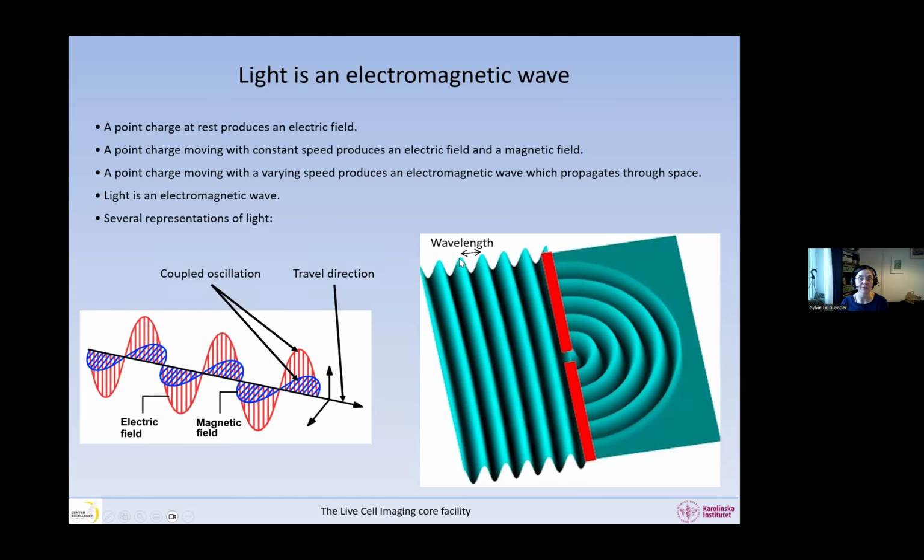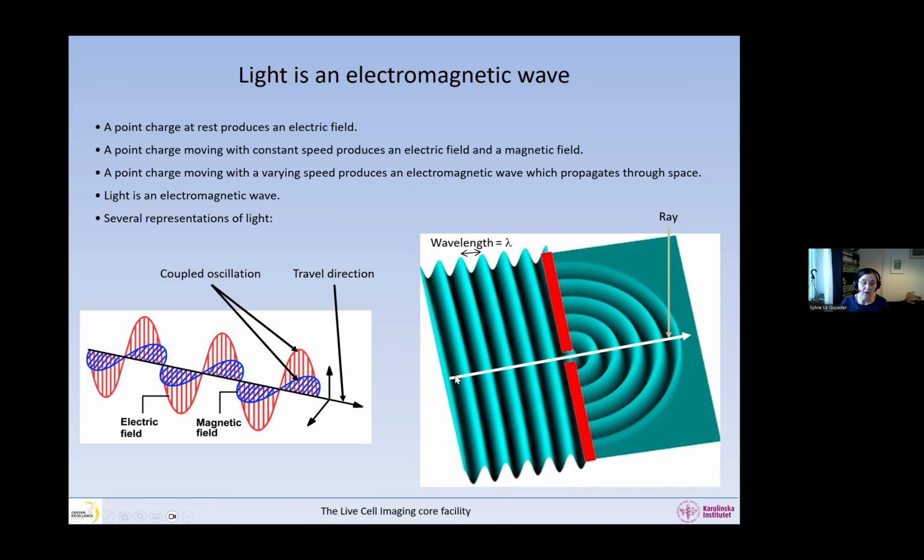What it means, the wavelength, is the distance between the crests. It's a wave, right? So it goes up and down. And so if we take the distance between the two tops, this is the wavelength of light. And it's in nanometers for us in our field, and it is often represented by the Greek letter lambda (λ). So I will use lambda quite a lot in the course when we talk about the wavelength of light. Another way to represent light is ray optics.